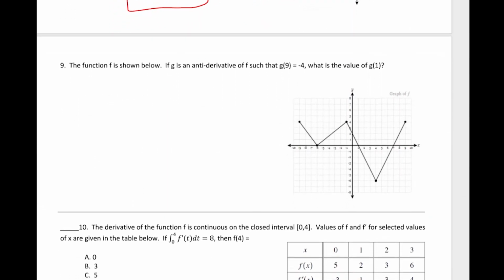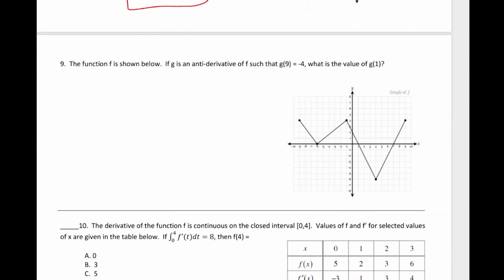Number 9, it says if g is an antiderivative of f such that g of 9 is negative 4, what's the value of g of 1? Okay, so we get yet another one of these kinds of problems where the integral from 9 to 1, f of x dx, is, since g is an antiderivative of f, that means that g prime is f.